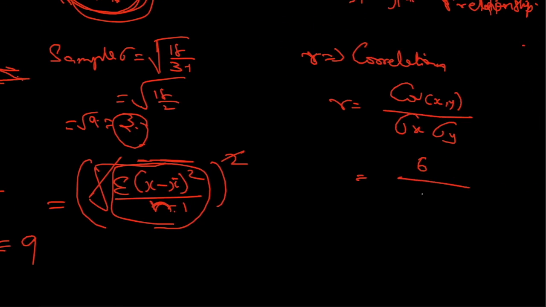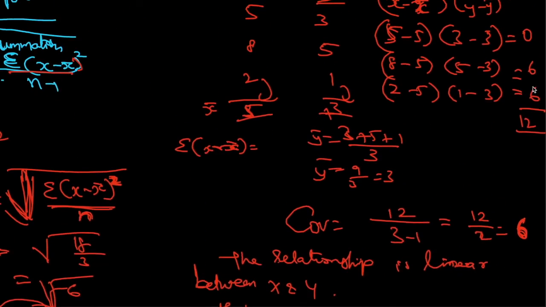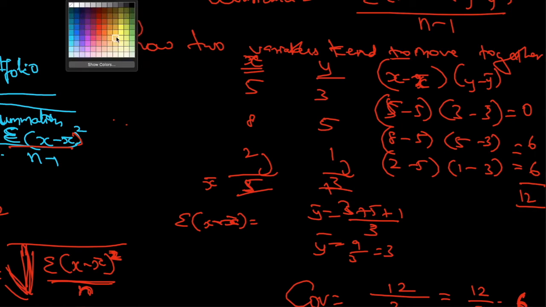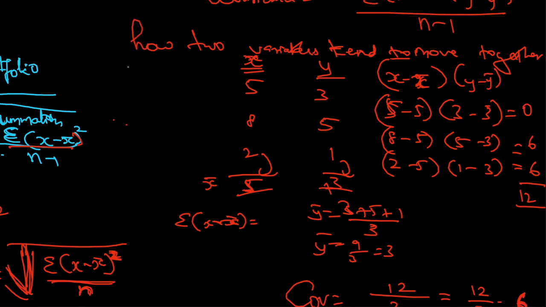So 3 into standard deviation of y, I have to find out. I'll have to do it separately here. So standard deviation of y is equal to root of summation of y minus y bar the whole square divided by n minus 1.